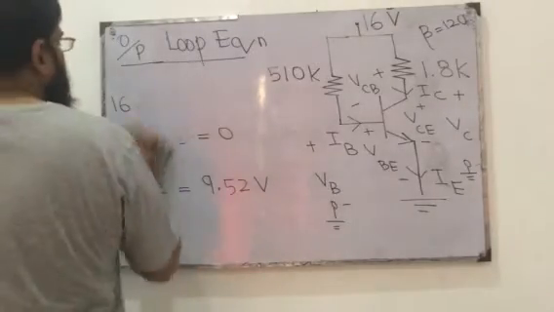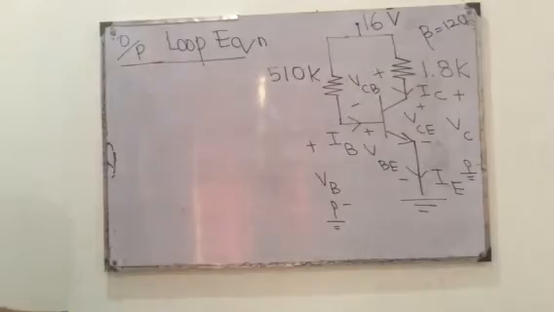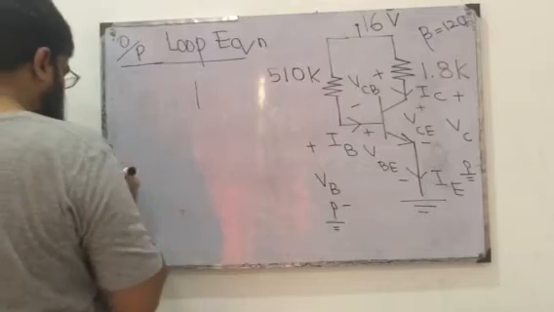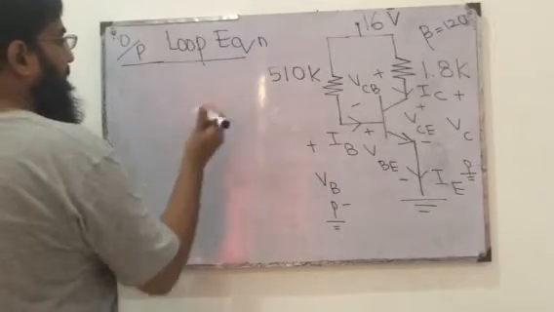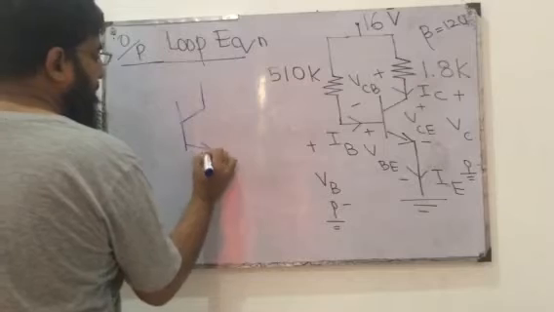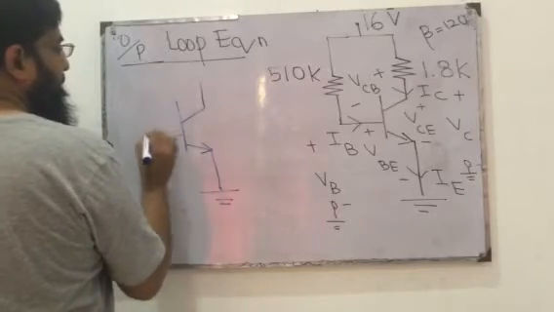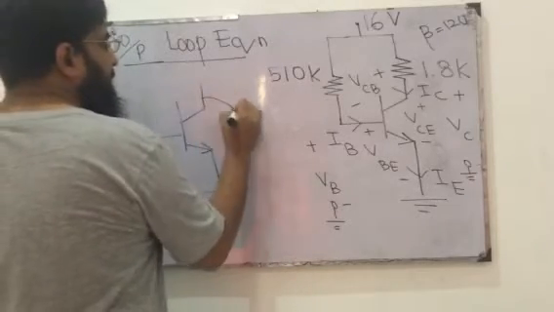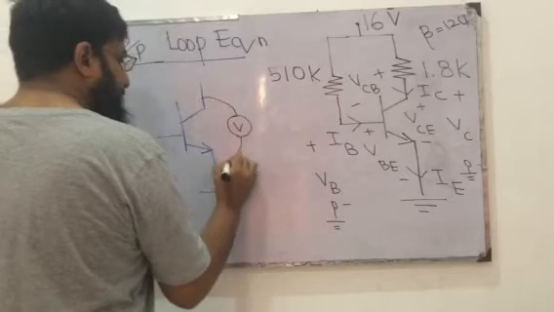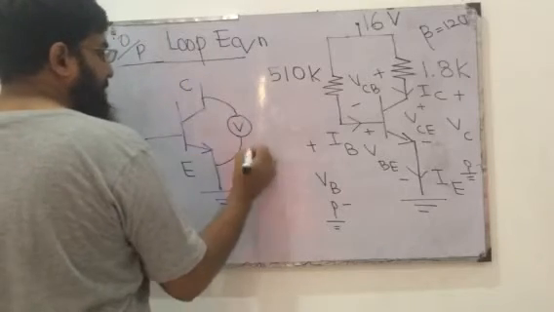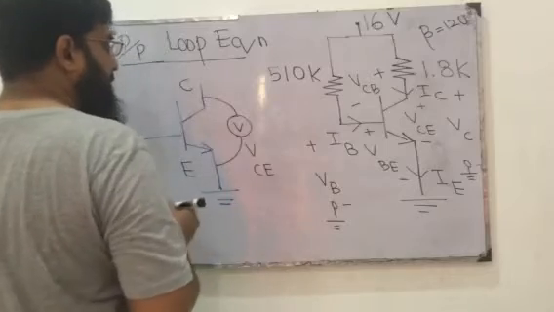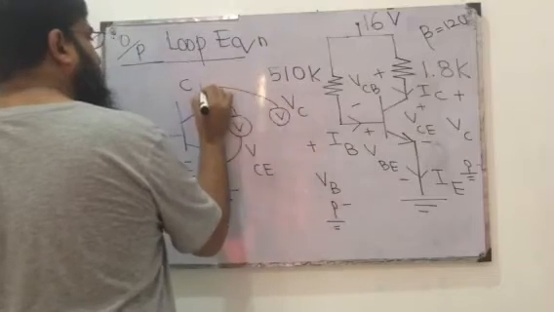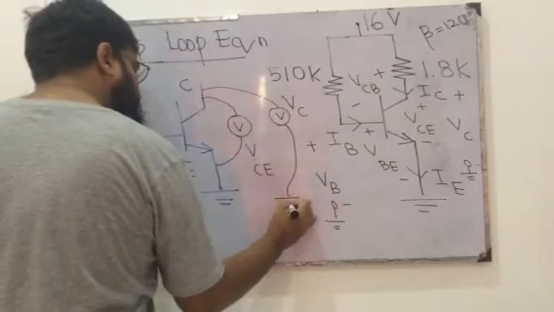Now, to find out VC, what's the difference between VCE and VC? VCE, if you have a voltmeter, is the voltage measured between the collector and emitter terminals, whereas VC is the voltage between collector and ground.